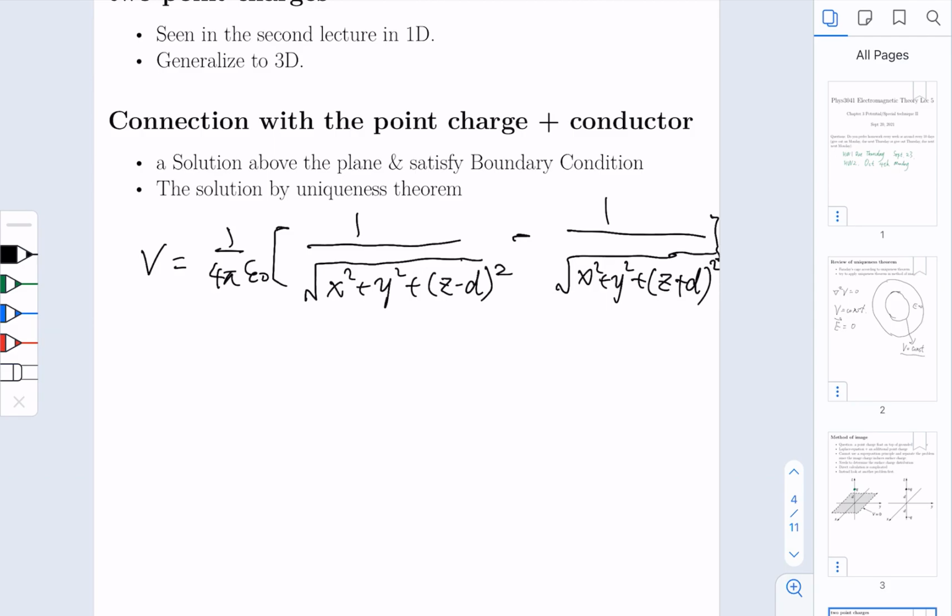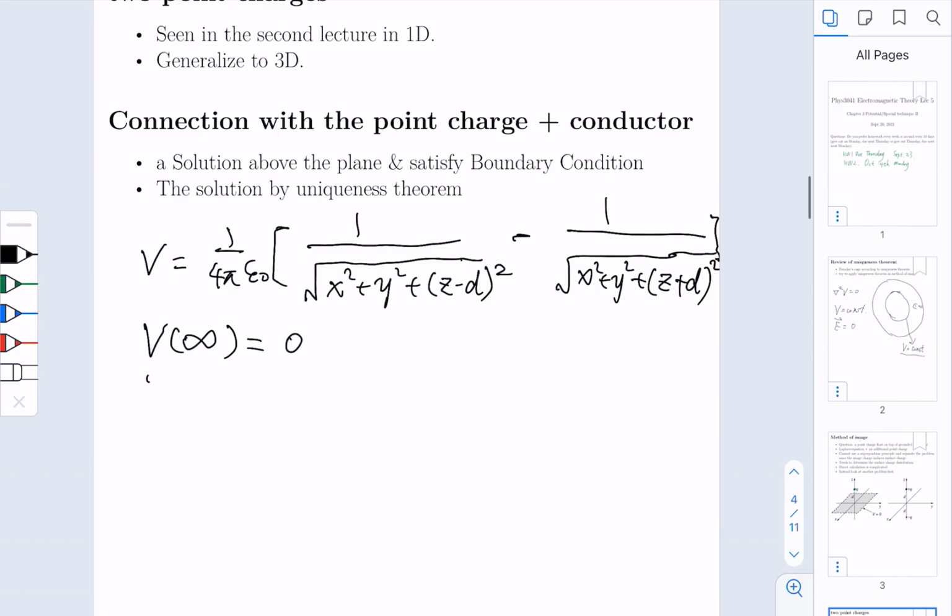Now if we take a look, this potential is actually special in the sense that one trivial limit is at infinity: when r goes to infinity, these two cancel and the result is 0.